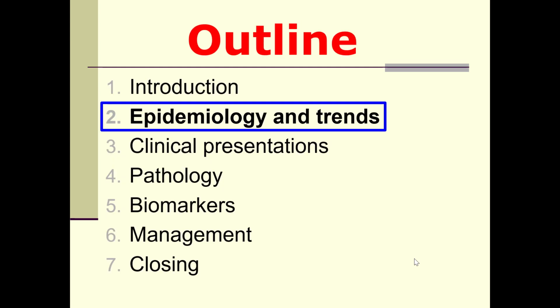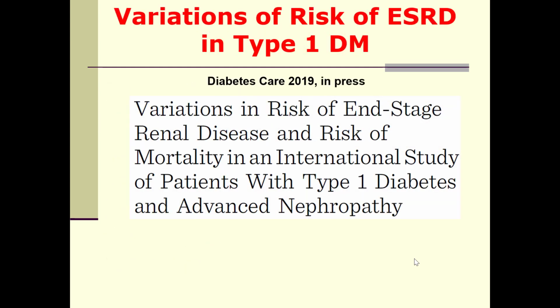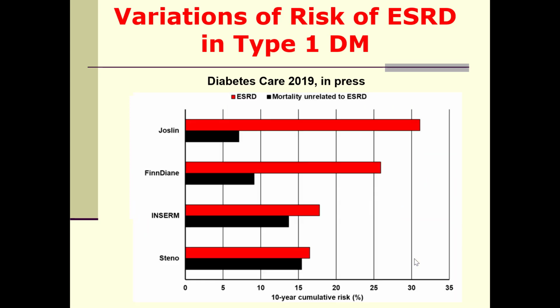Regarding the epidemiology and trends, this data came from excellent centers all over the world: Joslin, Harvard, Steno in Copenhagen, Finland, and others. What do you see? There is great variability in the 10-year cumulative risk of end-stage kidney disease, reflected by this red color.